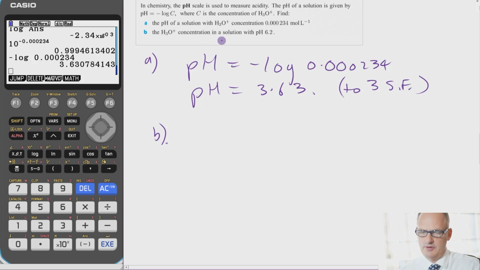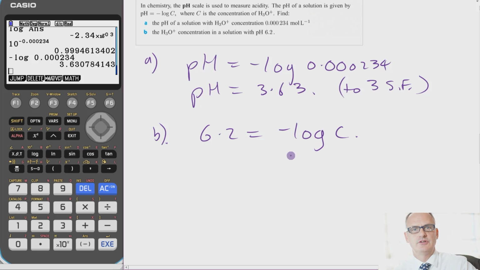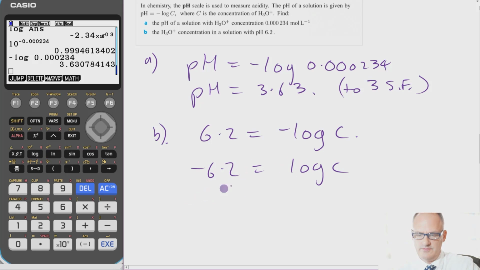Part B. Now part B, we've got a constant pH is equal to 6.2, and that's going to be equal to minus log of C. Now I'll do it algebraically first, and then I'll show you how to do it using your calculator. So we've got minus 6.2 equals log C. So therefore, raise both sides to the power of 10 to undo the log, because this is log to the base 10, will give you that.